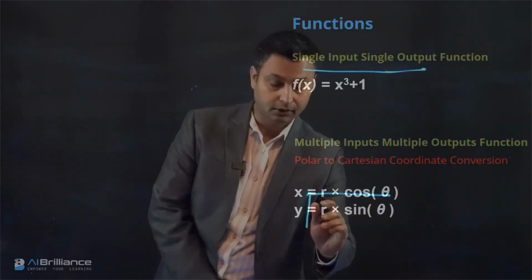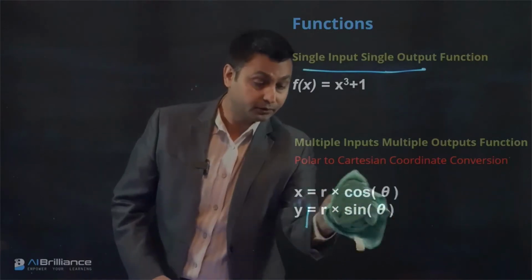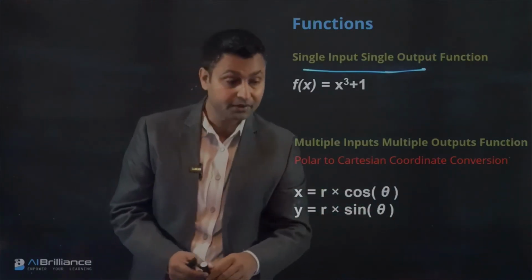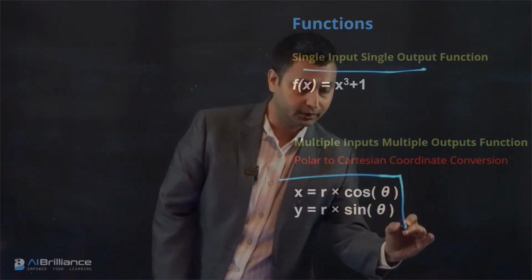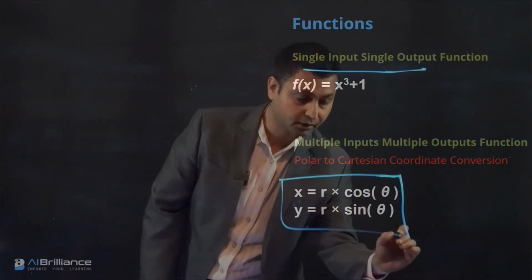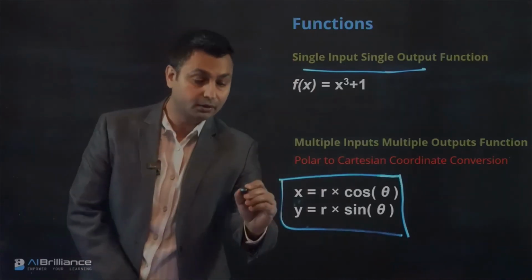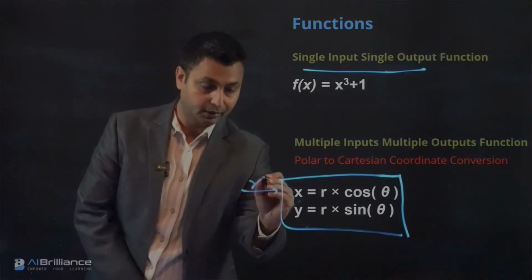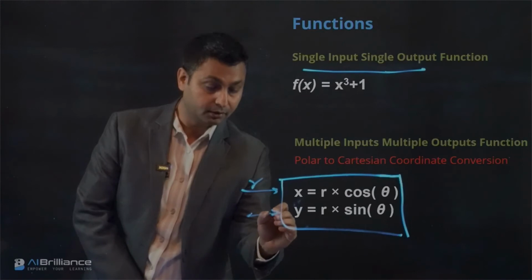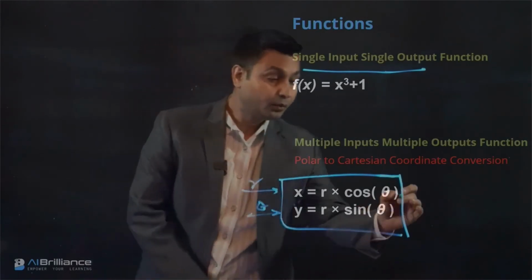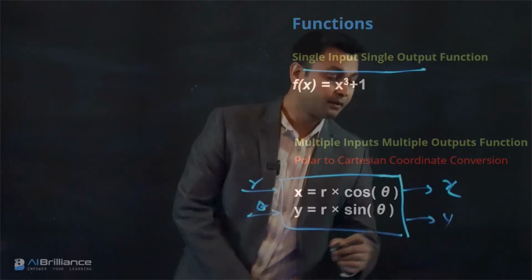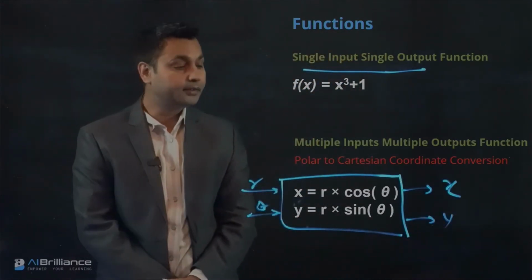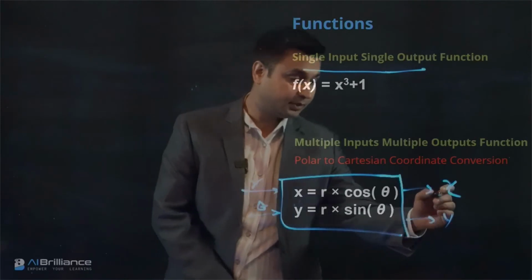If you look at the set of equations that has been written here, in order to use this equation, this box, we need to provide 2 inputs, the first is r and the second is theta, and then we get 2 outputs, which are the corresponding values of coordinates in the Cartesian system, so x and y.